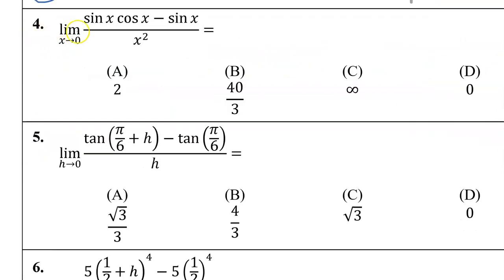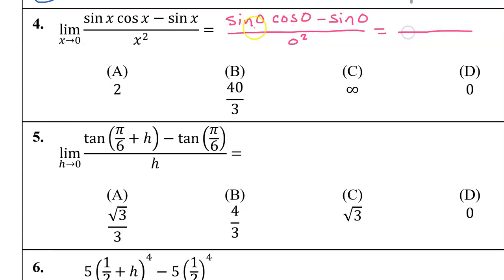Number 4, let's find the limit as x approaches 0 of this function. First, let's see what would happen if we did direct substitution. At first, we get this, but we know that sine of 0 is 0, the cosine of 0 is 1, and sine of 0 again is 0. 0 squared is 0.